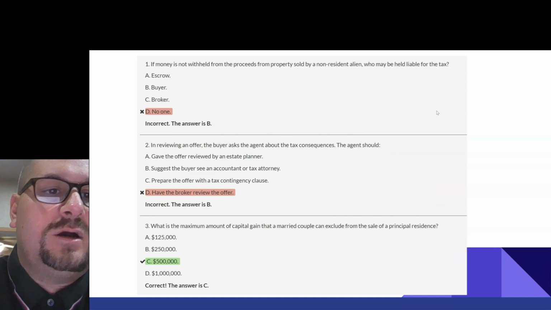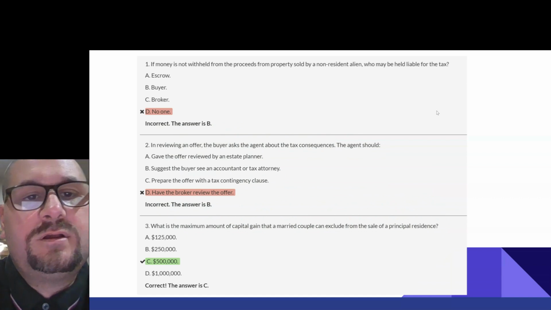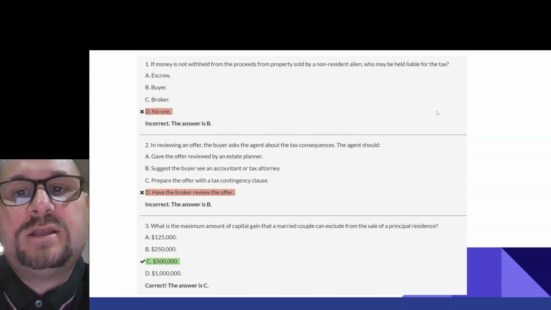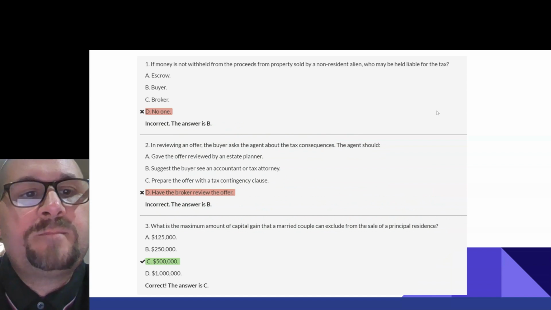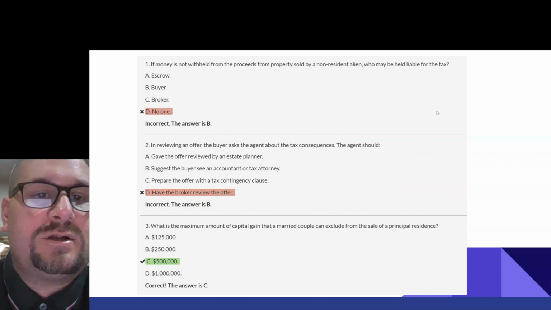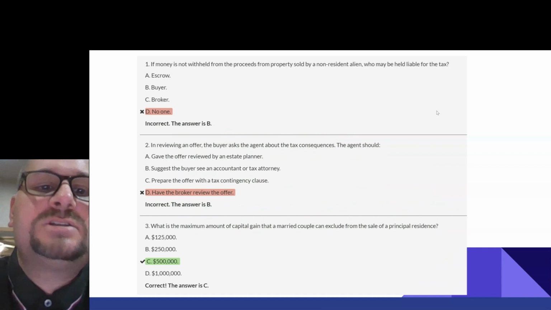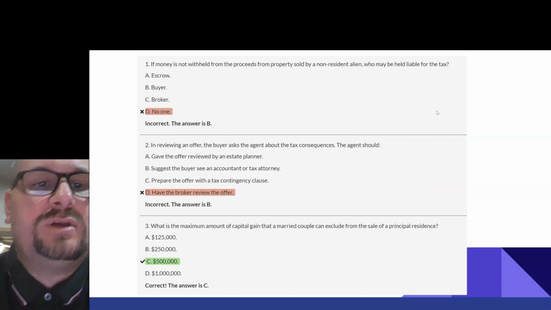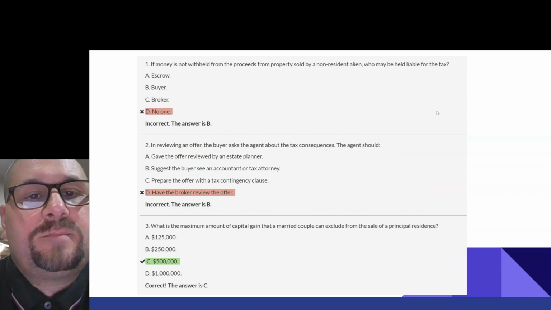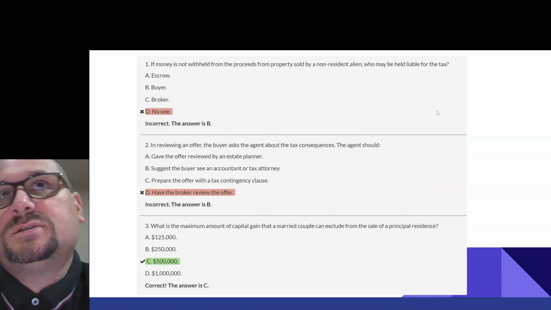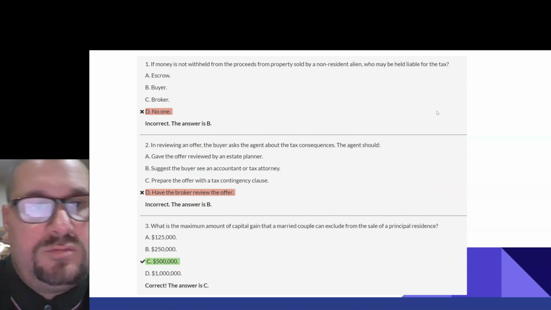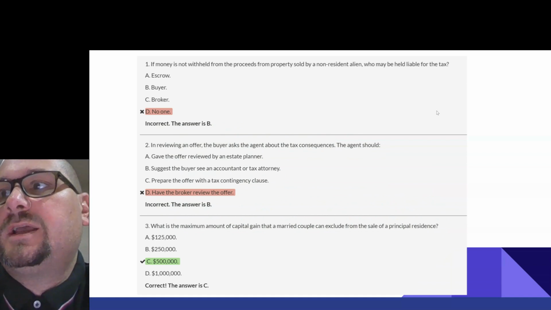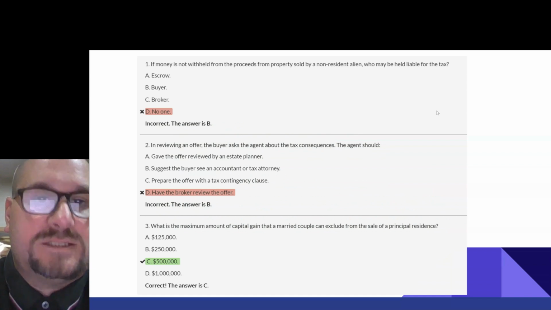No one, no. In reviewing an offer, the buyer asks the agent about the tax consequences. The agent should, Bravo, suggest the buyer see an accountant or tax attorney. So you're going to get an offer, and then your client asks you about taxes, right?